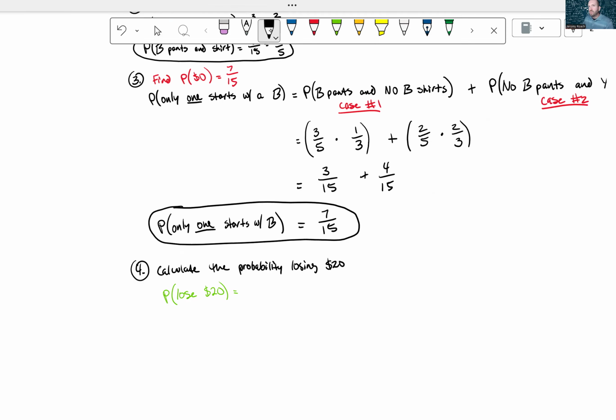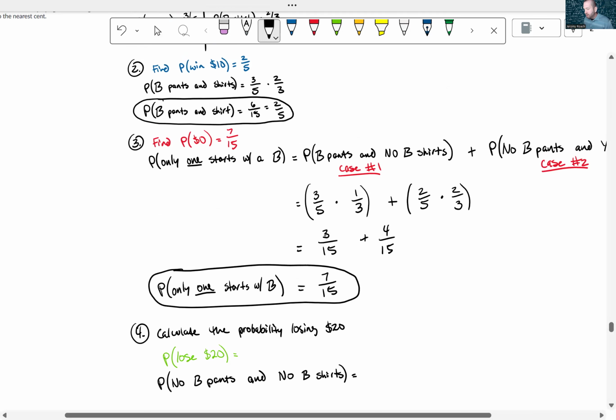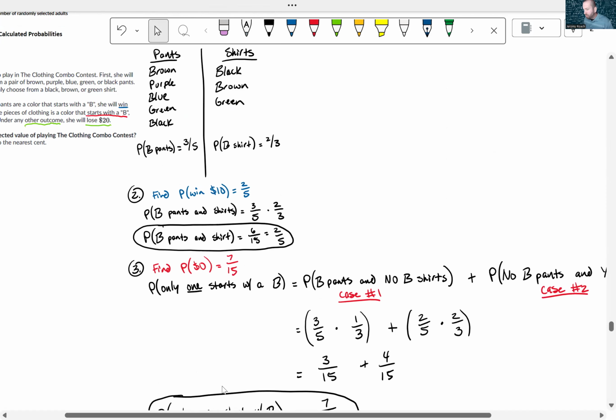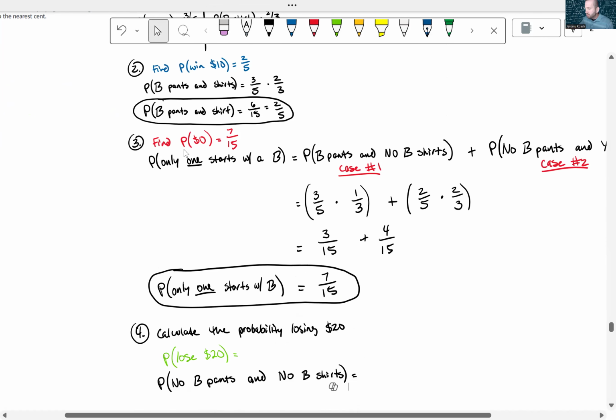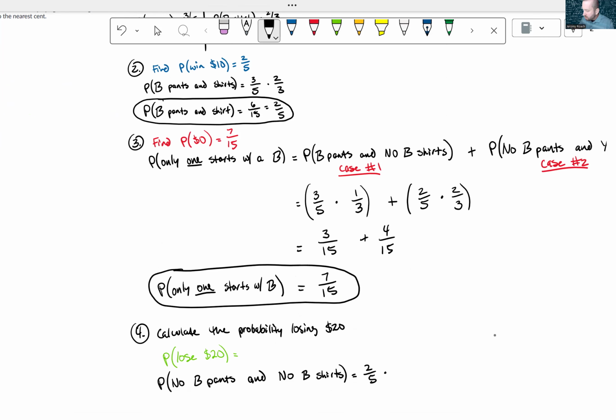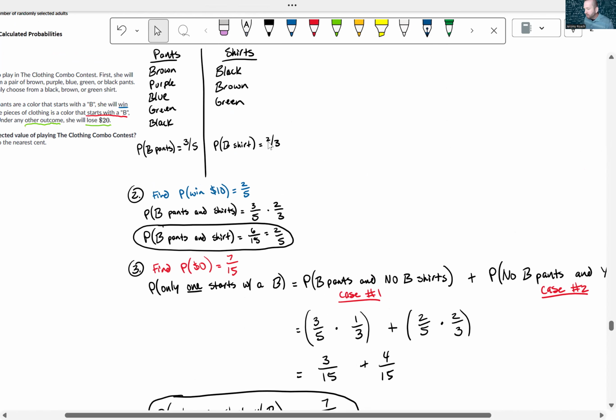Now, to lose $20 would be the pants don't start with a B and the shirts don't start with a B. So the same thing would be no pants that start with a B and no shirts that start with a B. We're going to go back up here and find the probability of no pants that start with a B. That's the complement rule. 1 minus 3/5 gives us 2/5, times the probability of a shirt that does not start with a B. Complement rule again. 1 minus 2/3 gives us 1/3.